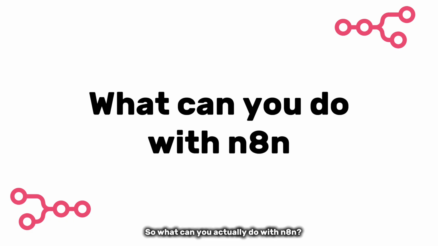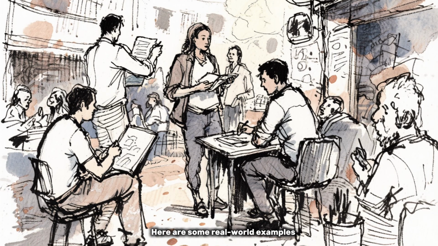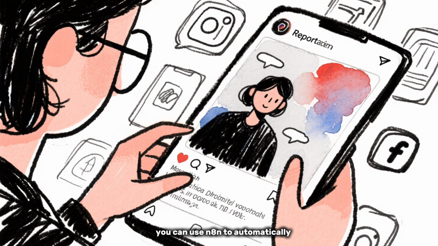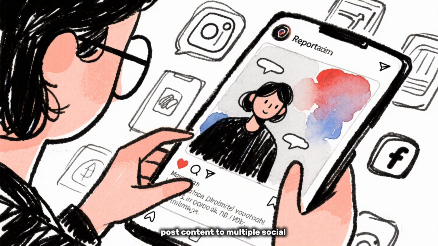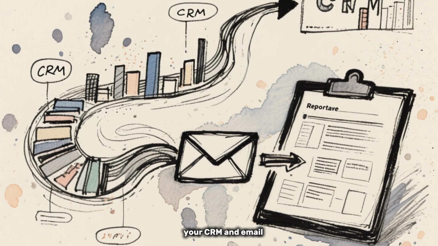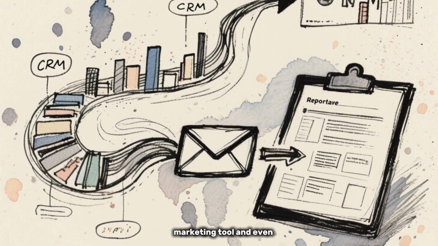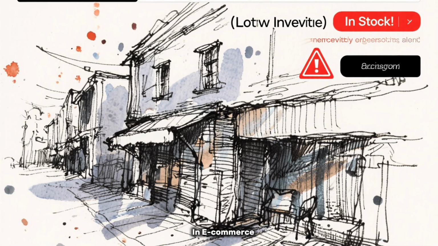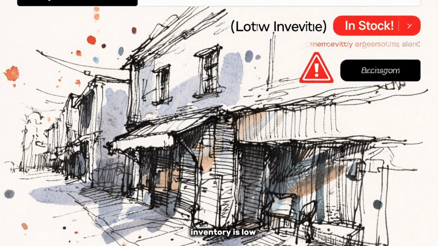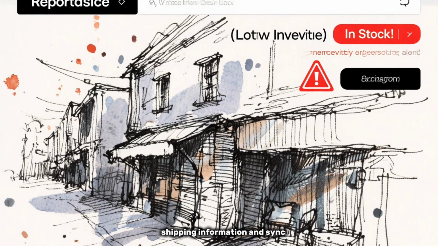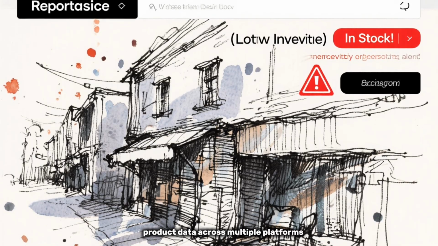So what can you actually do with n8n? Here are some real-world examples. In business and marketing, you can use n8n to automatically post content to multiple social media platforms at once, sync customer data between your CRM and email marketing tool, and even generate reports and send them to your team on a schedule. In e-commerce, you can get notified when inventory is low, automatically process orders and update shipping information, and sync product data across multiple platforms.